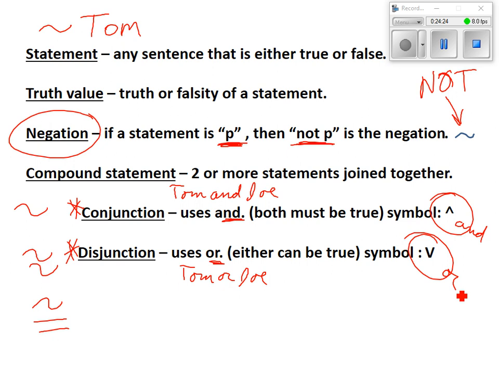So you got to be careful when you have a conjunction. Might want to write this down in there. When you have a conjunction, to be true, both parts must be true. For a conjunction to be true, both parts must be true.